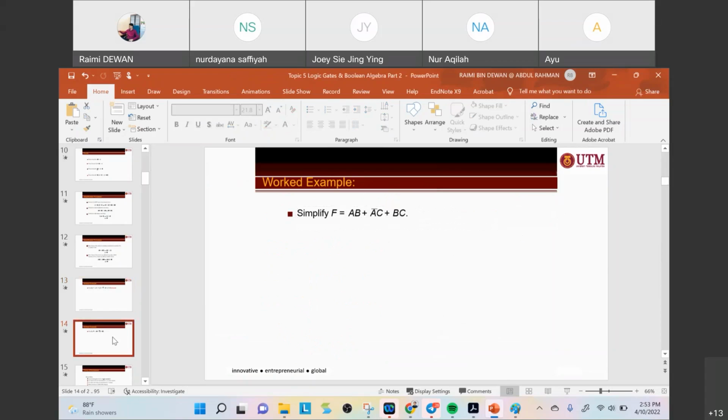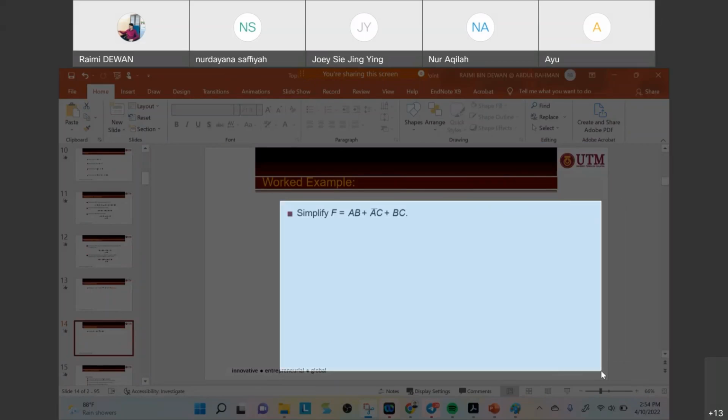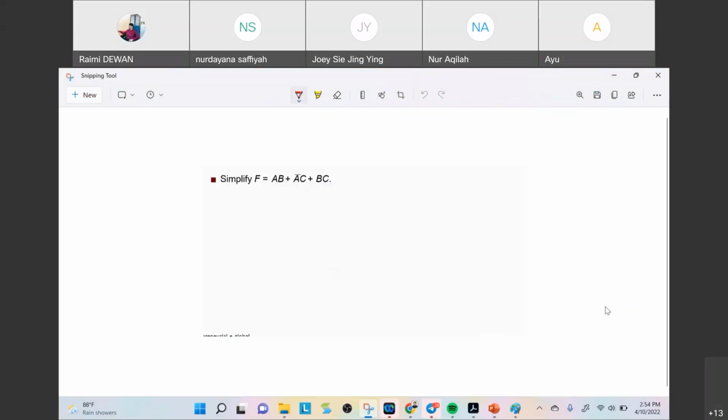Okay, and then simplify this as well. Okay, this one you can do expand first if you want. Okay. First for this, we don't have C, right? We can expand first A, B, C plus C bar plus.